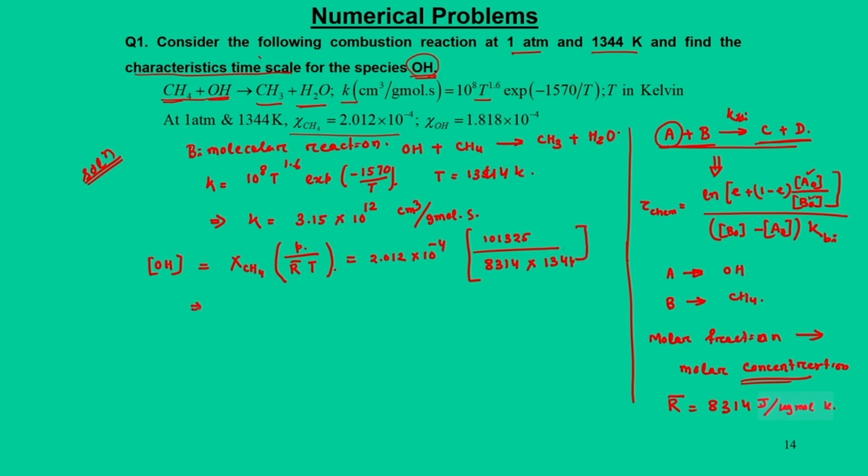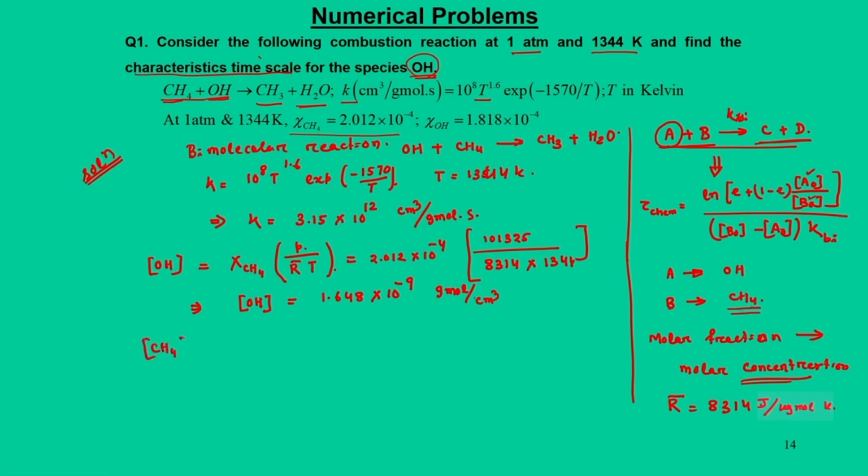So we get the concentration of OH as 1.648 into 10 to the power minus 9 gram mole per centimeter cube.